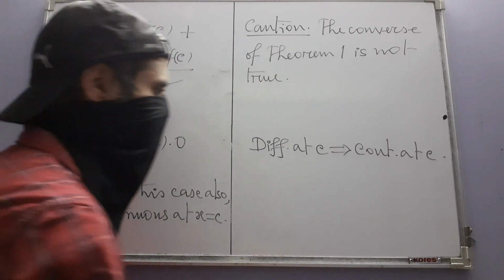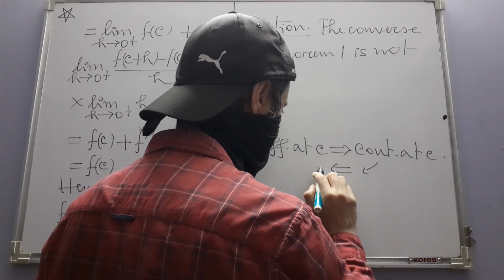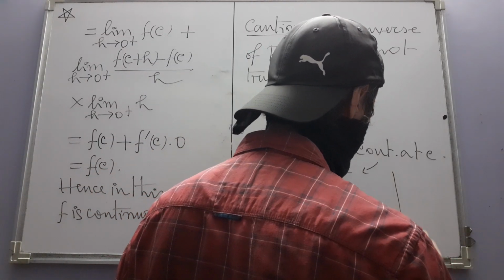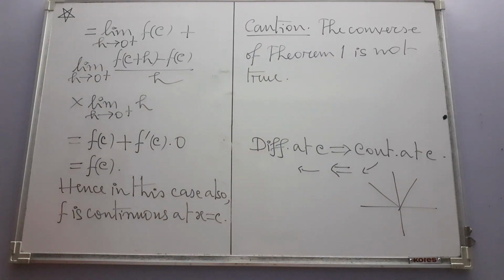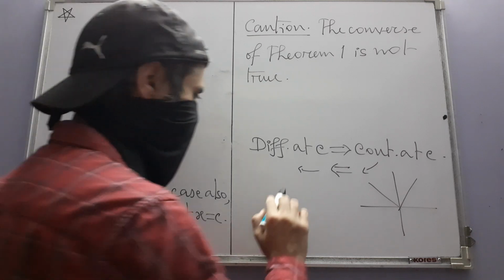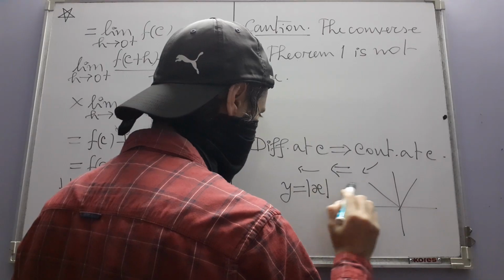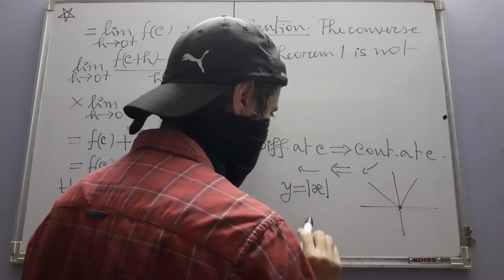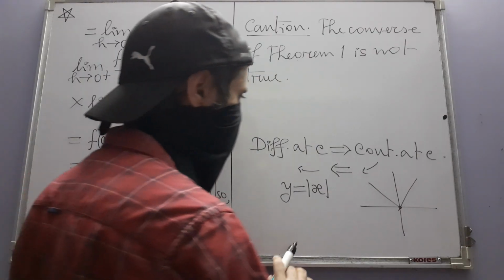What will be the converse? The converse will be this. If a function is continuous at c, then it's also differentiable at c. No, that is not true. We already know one example at least of that. The absolute value function, whose graph is this, is continuous at x equal to 0, but is not differentiable at x equal to 0.